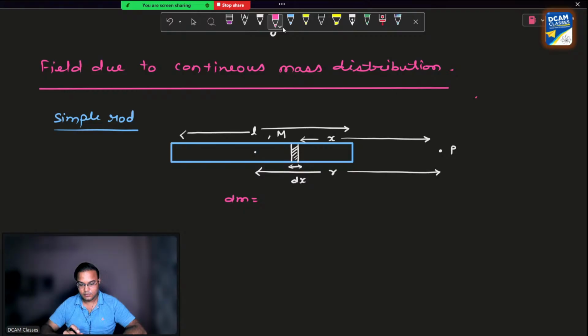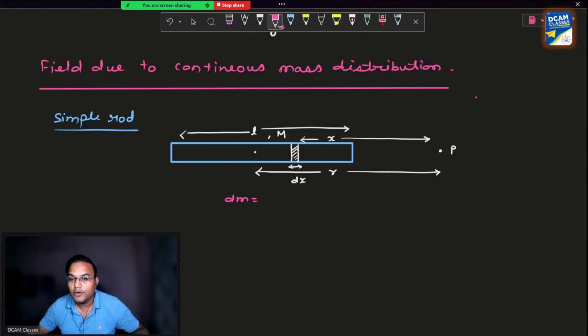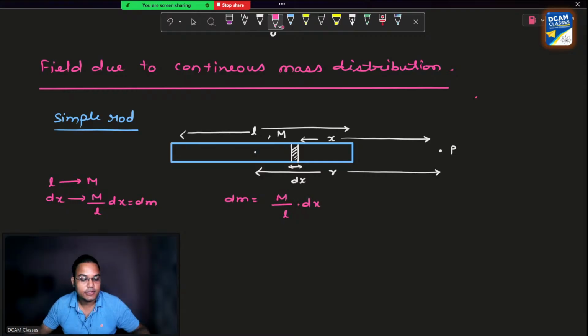It's capital M by L into dx, because for length L, the mass is capital M. Now for the length dx, what will be the mass? M by L into dx, correct? Yes, sir.